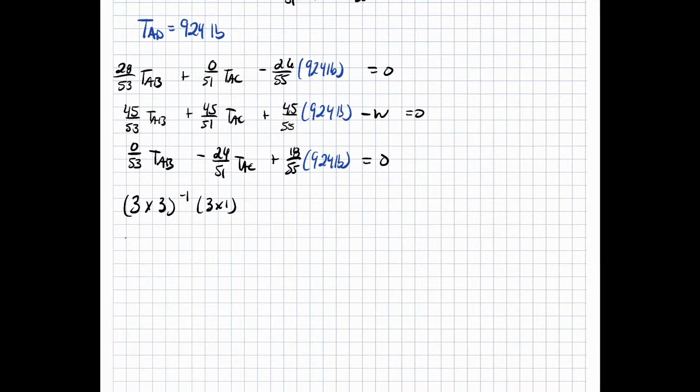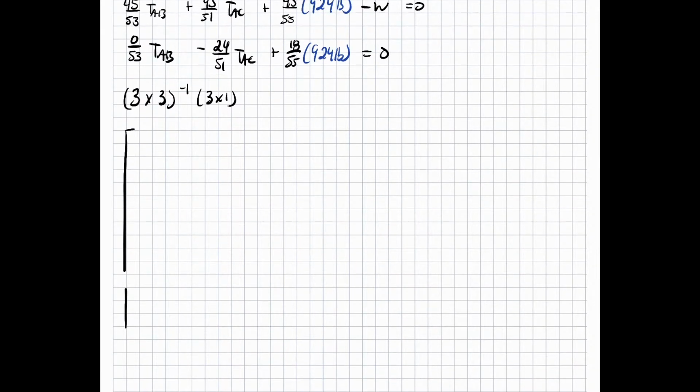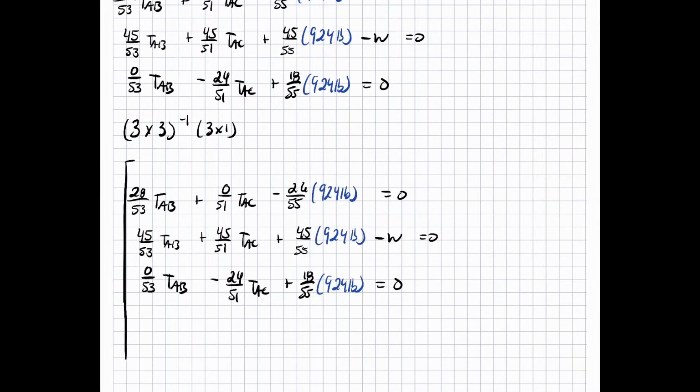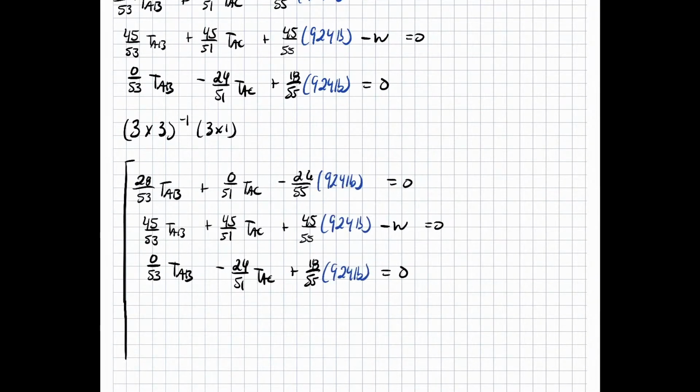So I'm using the inverse method. I'm going to go ahead and pull that down, make me some more room. And I'm going to cheat a little. I'm just going to copy and paste this down right here, because that makes it a whole lot easier. Okay. Now we need to move our knowns around.